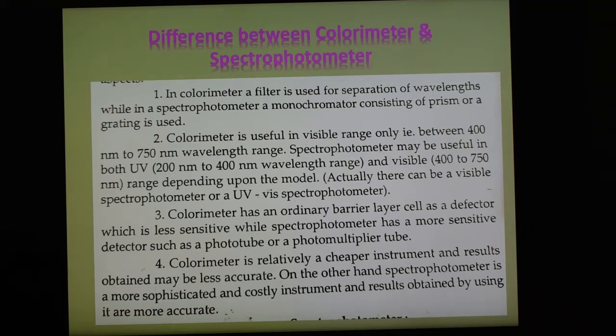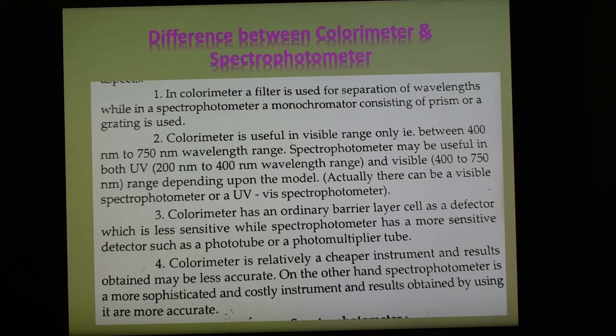The second difference is that the colorimeter is useful only for the visible range, that is between 400 to 750 nanometer wavelength, while the spectrophotometer is useful in both UV as well as visible range.